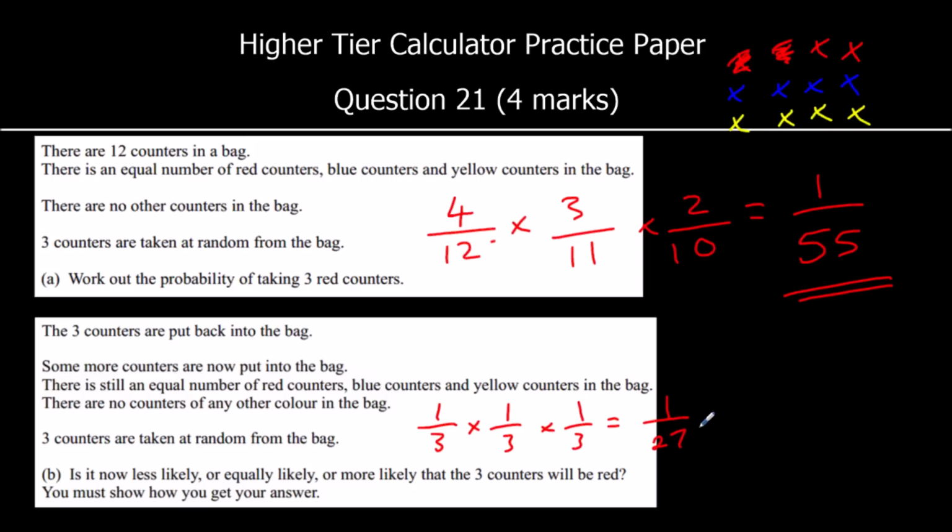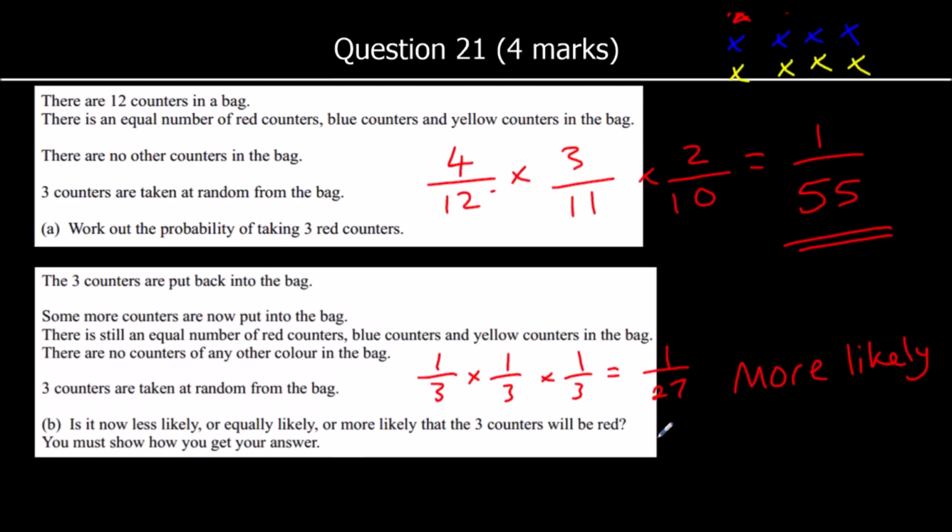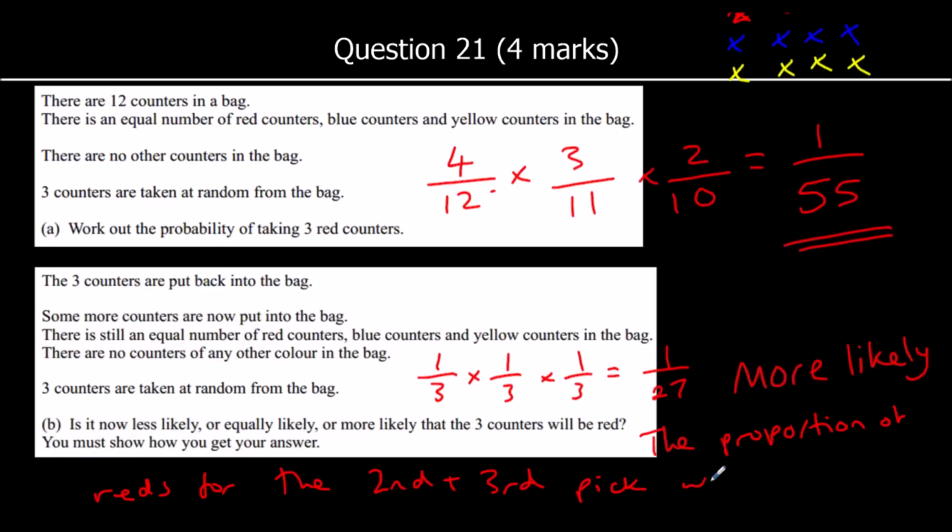So it's going to be more likely to get 3 reds because there'll be more reds to pick from, a higher proportion of reds for the following picks. So the proportion of reds for the second and third pick will increase.